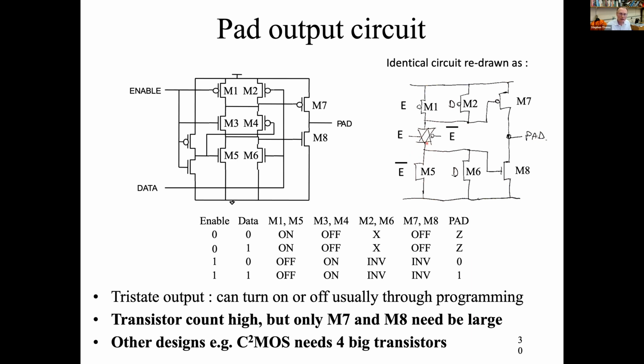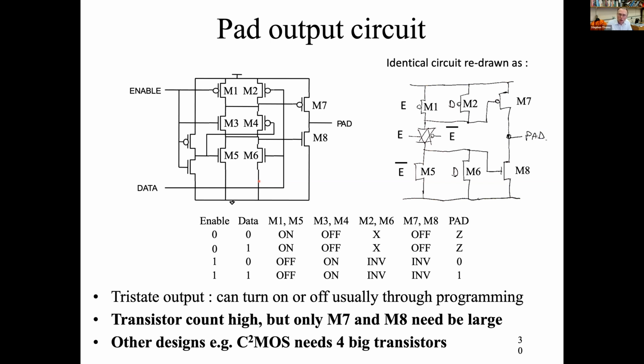So then we can think about the two different states. So we've got either enable is 0 or enable is 1. So if enable is high, then essentially this gate is enabled, so it transmits both directions. And then we have M1, M2, M5, M6 form essentially two inverters, and that's our amplifier going out.